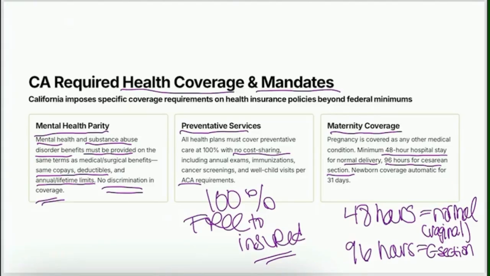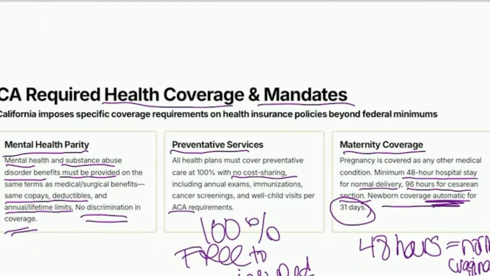And newborn coverage is automatic for 31 days. They love that question too. So obviously, you just delivered a baby or just had a C-section and you are holding your brand newborn baby in your arms. Are you going to go online or call your insurance company and let them know right away that the baby's covered? Or what if there are complications in the delivery right away?